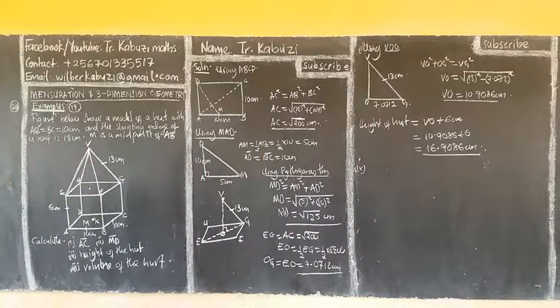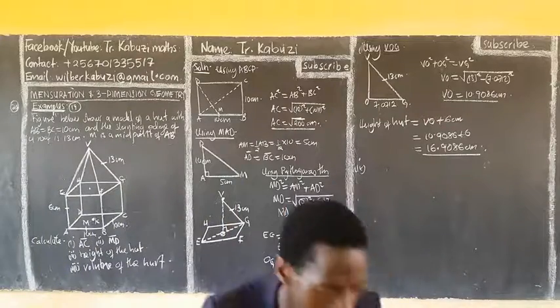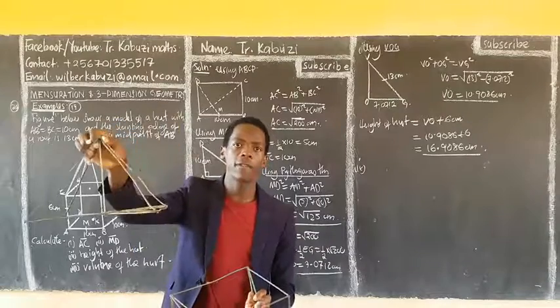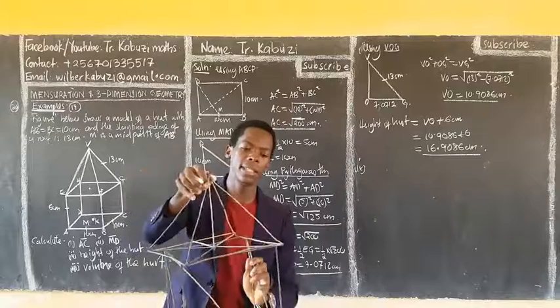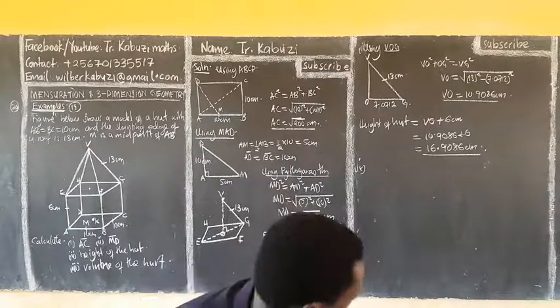So that's how are we going to get the volume? Meaning that what we are going to do, because it's a combination of a cuboid and a pyramid, we get the volume of this and the volume of this. When we add them, we shall be getting the volume of the whole thing. That's what I'm going to do.